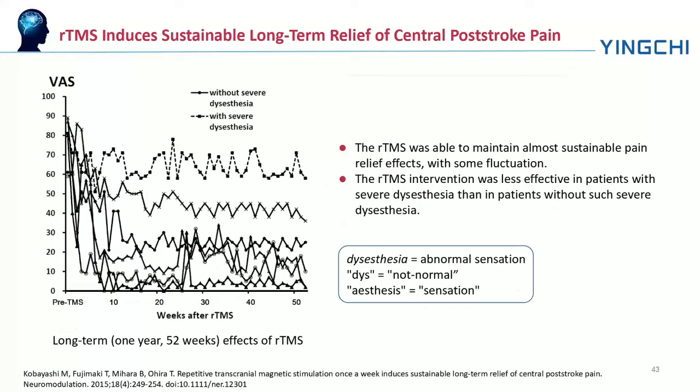As for the long-term effects, rTMS was able to maintain almost sustainable pain relief with some fluctuation over 52 weeks, which is a year. They also found that rTMS was less effective in patients with severe abnormal sensation than in patients without such severe abnormal sensation.